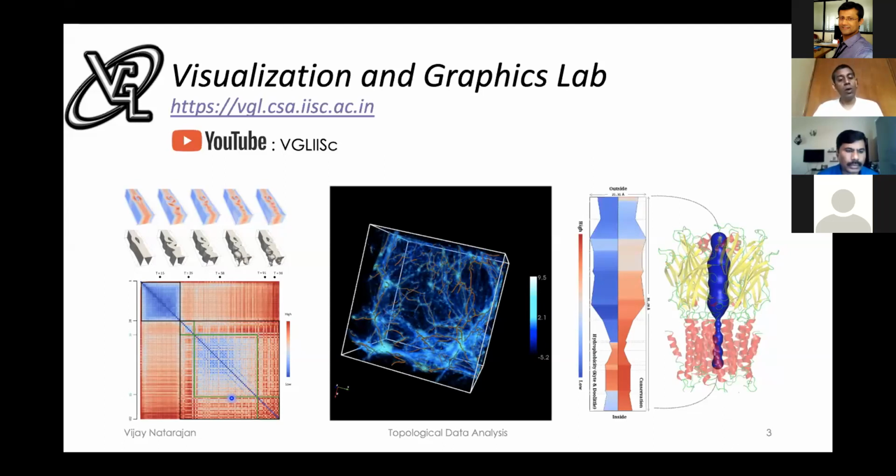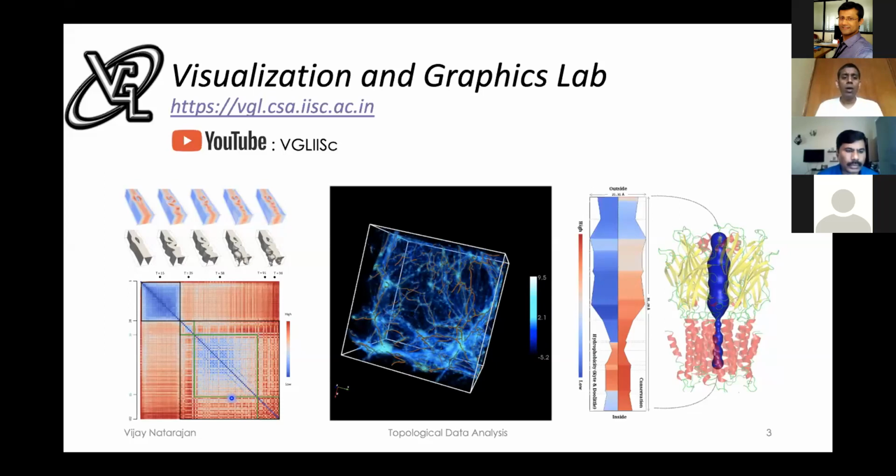We are experts in computer science, but we work closely with scientists from other disciplines like biology and like cosmology, in order to help solve some of the cutting edge problems in their domain as well. In doing so, we also develop state-of-the-art techniques in computer science.